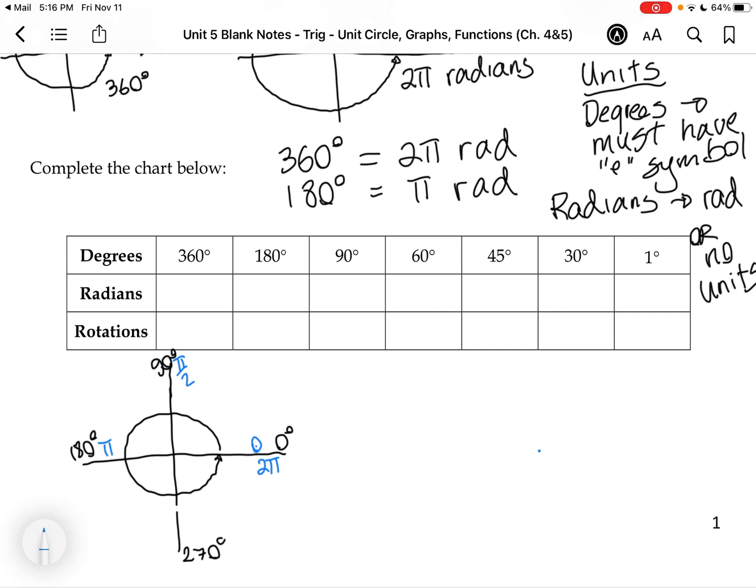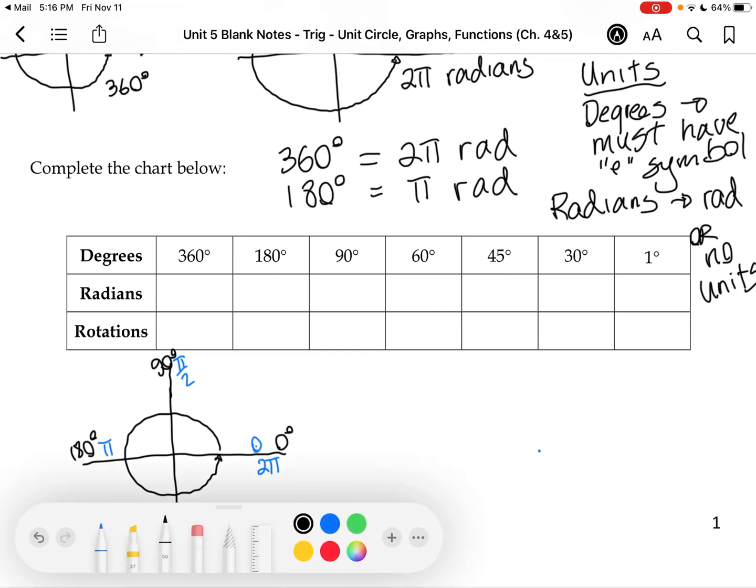And right in the middle of pi and 2 pi is 1.5 pi, or 3 pi over 2. So think of each quarter rotation as being half a pi, or pi over 2. All right, let's go back to this chart.